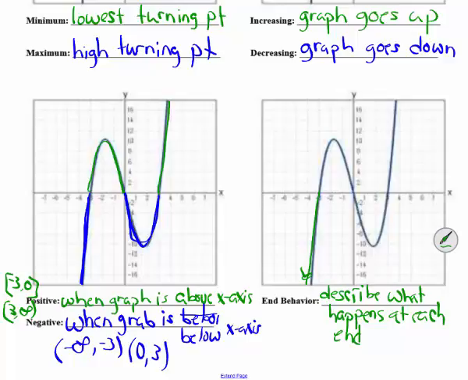Usually we look from left to right. When you're talking about end behavior, you're looking towards the left and towards the right. A little bit different. But here we would say as x decreases, because you're going towards the left on that side, y decreases because it's going down.